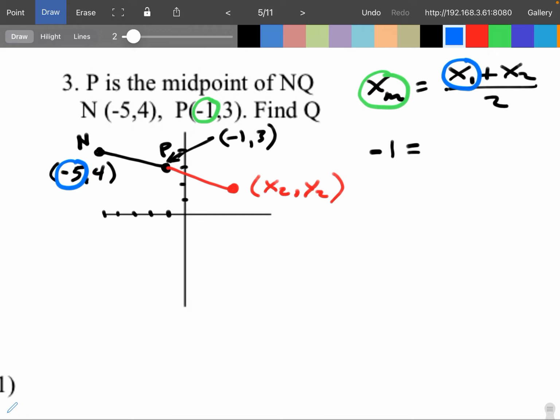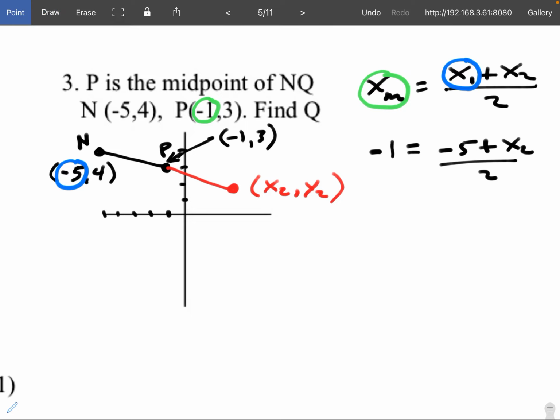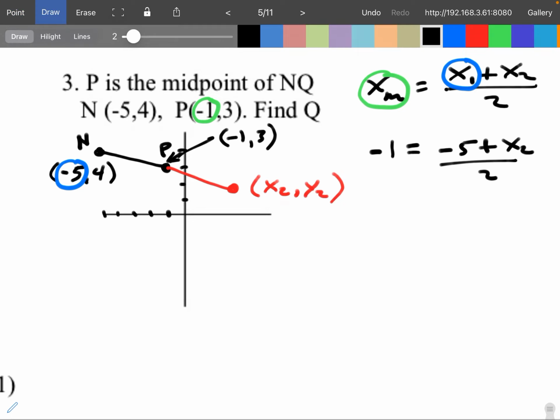So we put in negative 1 equals, and then the x-coordinate of the one endpoint that we know is -5. So this is going to look like -1 equals (-5 plus x2) over 2. And then we just got to solve that for x2, and then we'll know the x coordinate of this endpoint.